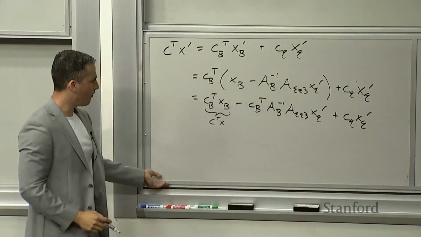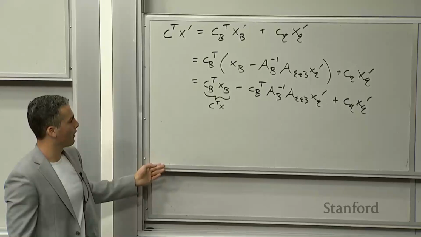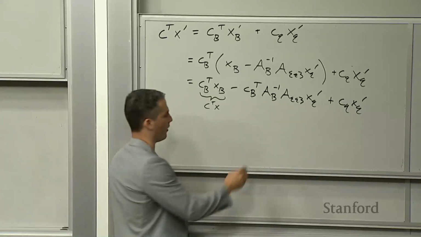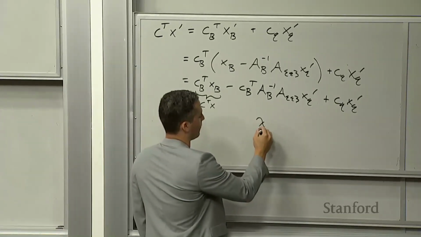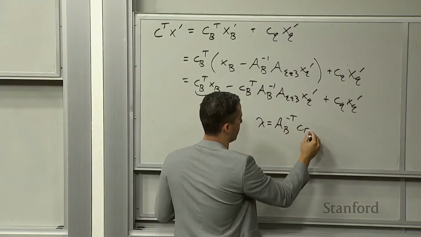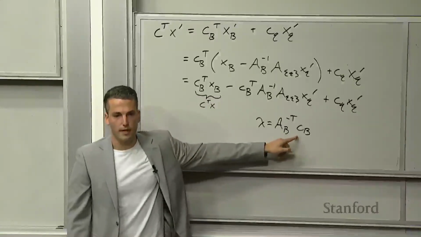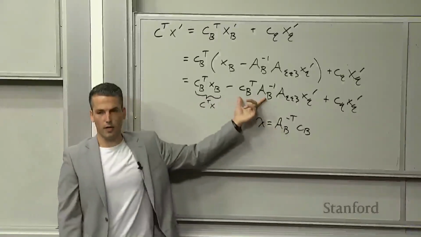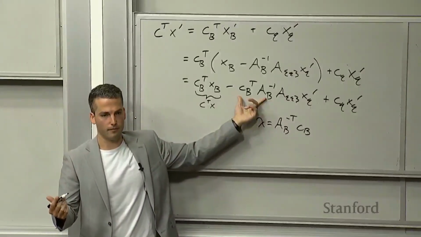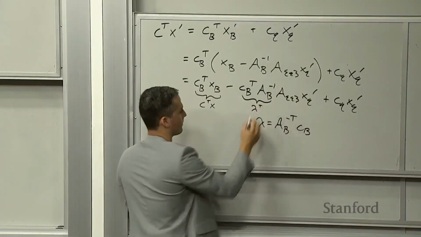Now recall from what we saw earlier that we could solve for lambda, and we found that lambda was equal to A basis inverse transpose c basis. This is just this term right here with the transpose applied, so this term is just lambda transpose.